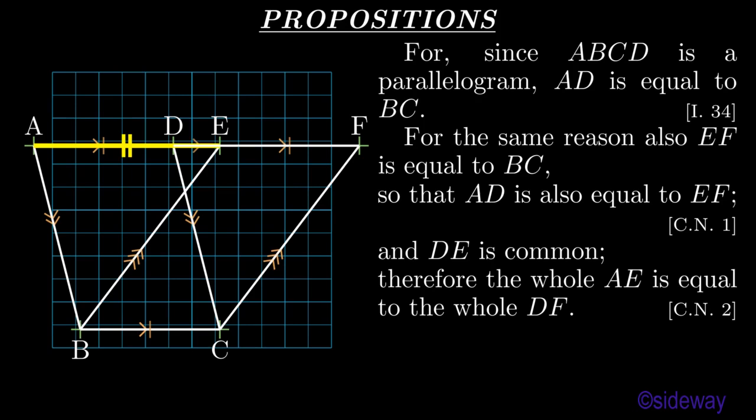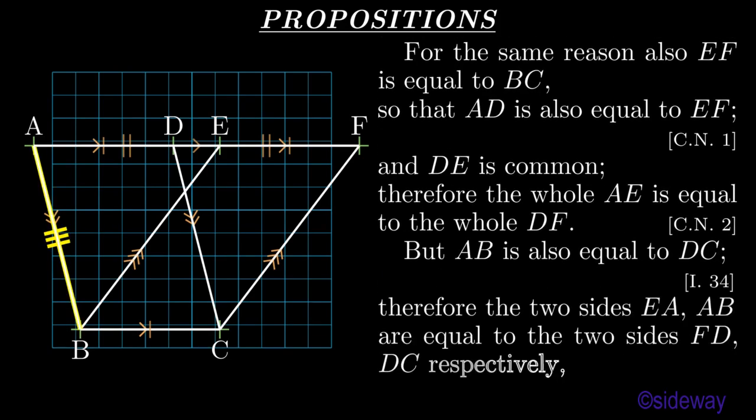Therefore, the whole AE is equal to the whole DF, by Book 1, Common Notion 2. But AB is also equal to DC, by Book 1, Proposition 34. Therefore, the two sides EA, AB are equal to the two sides FD, DC, respectively.